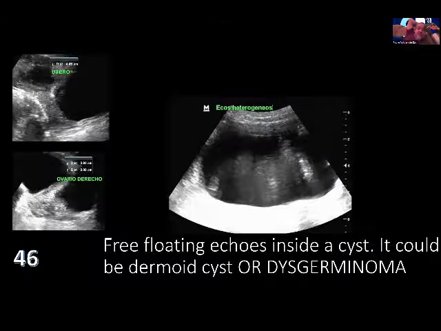We will see later a couple of cases of childhood cysts. If you bounce the transducer here, you will see the things floating freely inside the cyst. Some cystadenomas or cystadenocarcinomas can show that too.